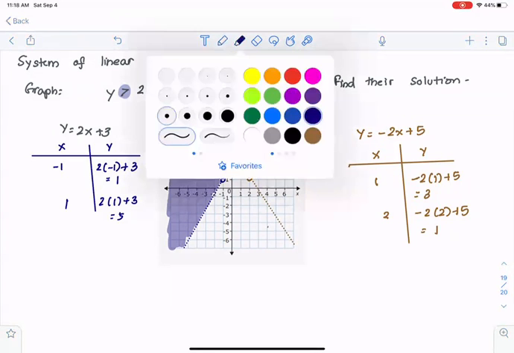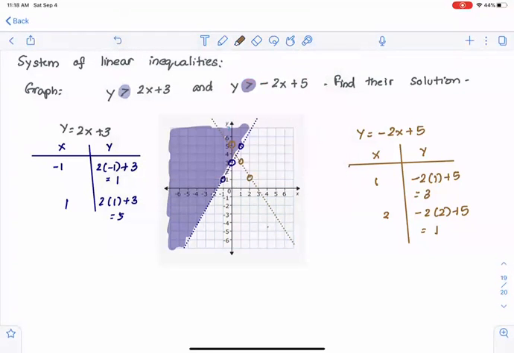Which would mean all of these. That would be above. Since we have a system, a solution that you get must be common to both. The region that is common is that triangular part right there, because that is the overlapping part.